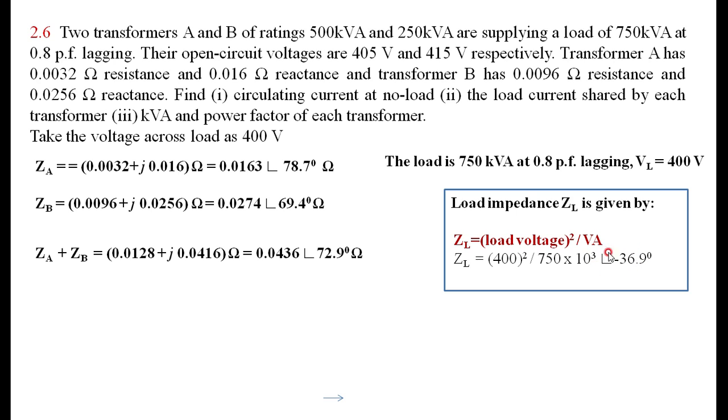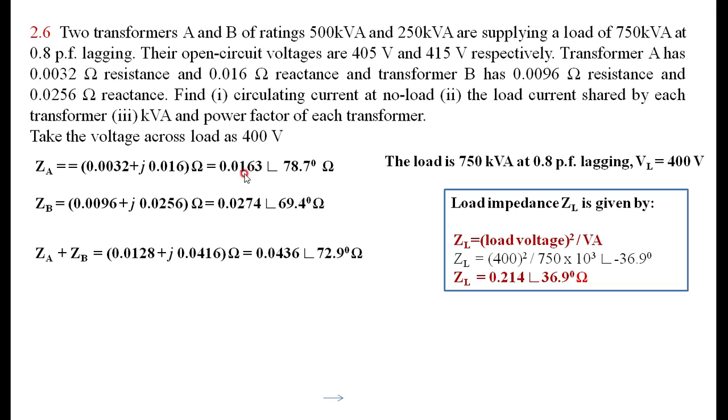You should not forget the power factor at which the load is operating. Therefore, you can calculate ZL as 0.214 at an angle of 36.9 ohm. Since it is in the denominator, when dividing it comes to the numerator and becomes plus 36.9 degrees. That is how you get ZL.